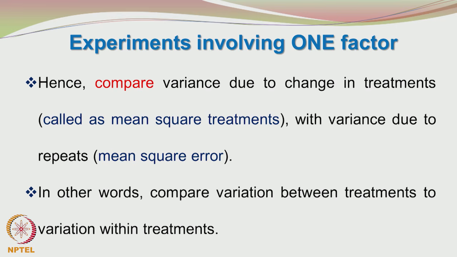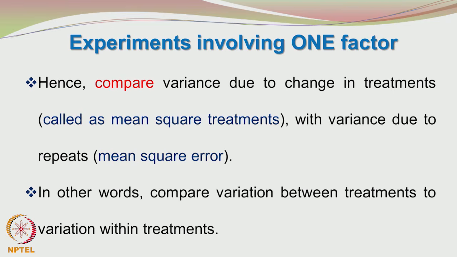When you do repeats, you find variability in the data. If all the factors are kept at the same values, then the variability can be due to only random factors. We assume that all the equipment and instruments are working fine and there are no systematic errors. So the error is only from the random components, and to identify the error from random components, you have to do repeats of the experiments. The more repeats you do, the better idea you have about the experimental error.